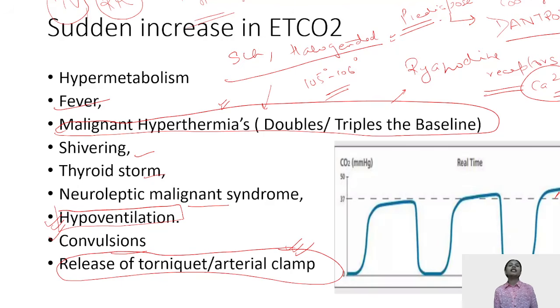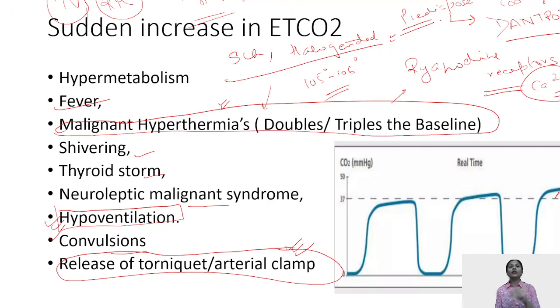But that increase in ETCO2 would be a bit less sudden in comparison to other hypermetabolic states. That is the only difference. If the patient is hypoventilating, there would be increase in ETCO2, but slowly and steadily. But in certain conditions like malignant hyperthermia, there will be a sudden increase in ETCO2.